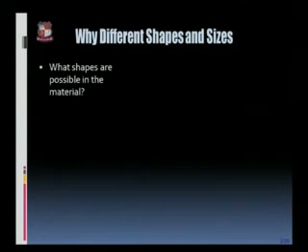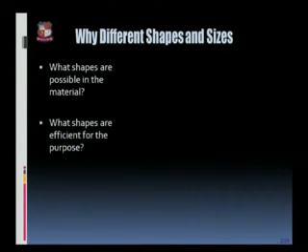Then what shapes are efficient for the purpose? If I have a very small room, I will not go for an I section, I will simply go for a rectangular section. So the purpose is important, aesthetic view is also important, efficiency is also important, plus economy.